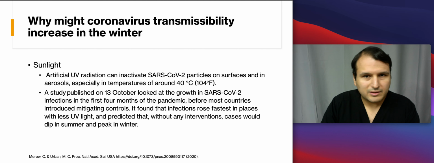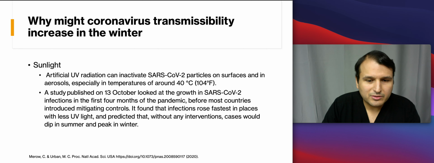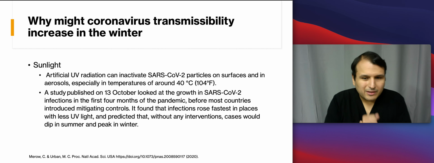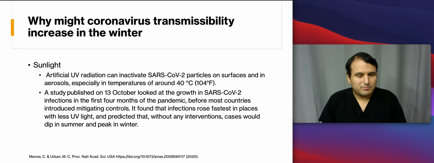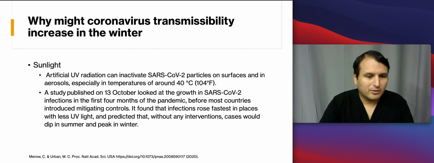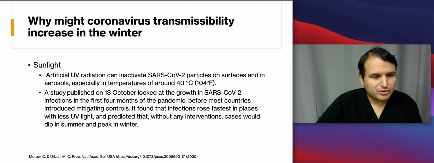We talked about sunlight. It doesn't like sunlight, and it doesn't really like temperatures, especially temperatures of 104 degrees Fahrenheit. As a matter of fact, before we put mitigation procedures into place, there were some countries that hadn't followed suit yet.